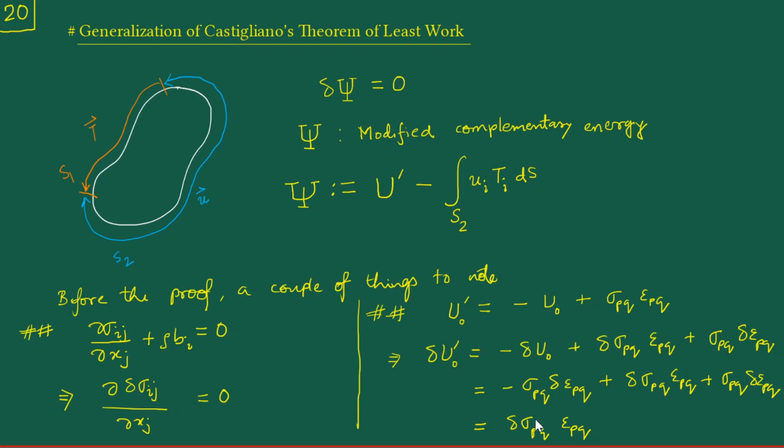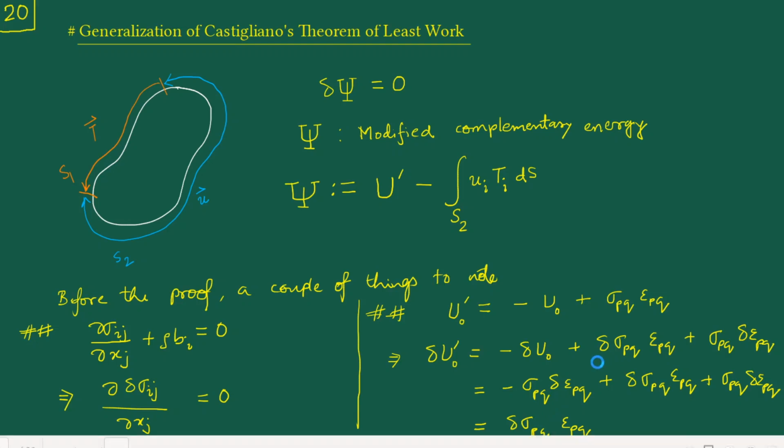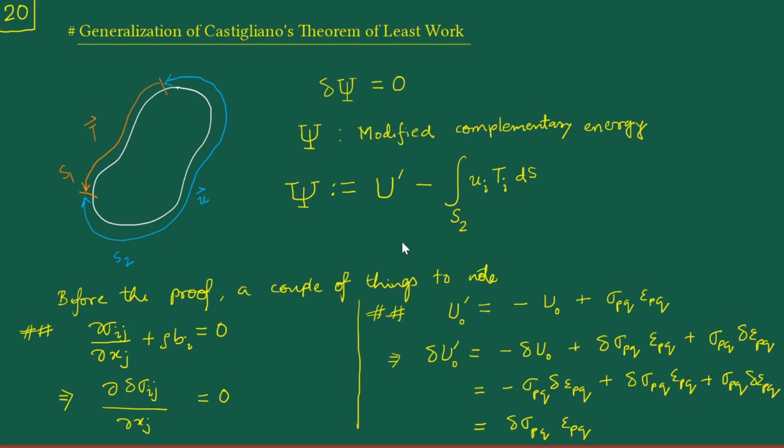All right. So with this thing in our hand, we can now go on to the actual proof. Because you see we have to ultimately prove that delta capital psi is equal to 0. We are going to start with this part, delta u dash.